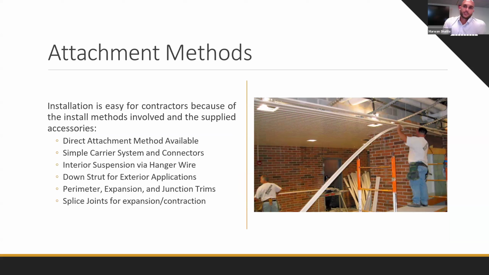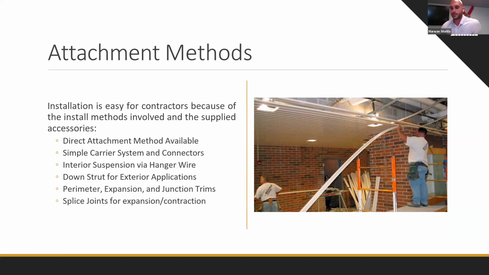Attachment methods. So like I've probably reiterated a couple of times, this is a very, very seamless system to install. And in the photo you see on the right-hand side, you don't need several people handling material to install it. You can see some of the flexibility of the panel as well.